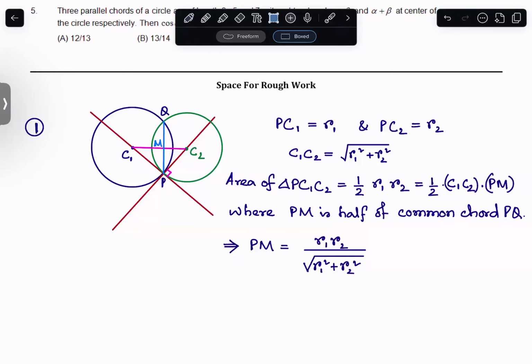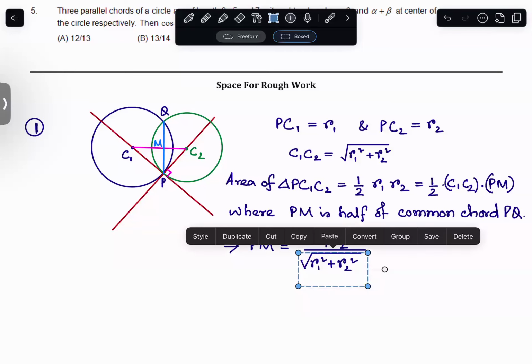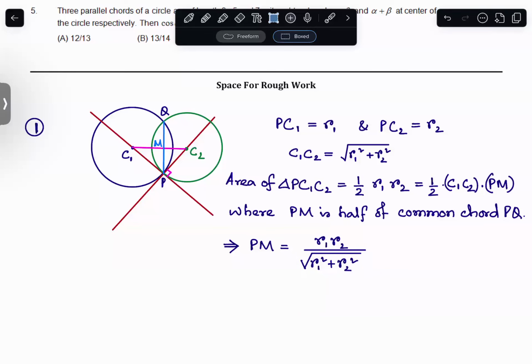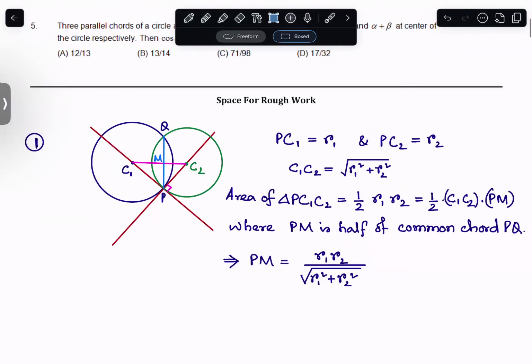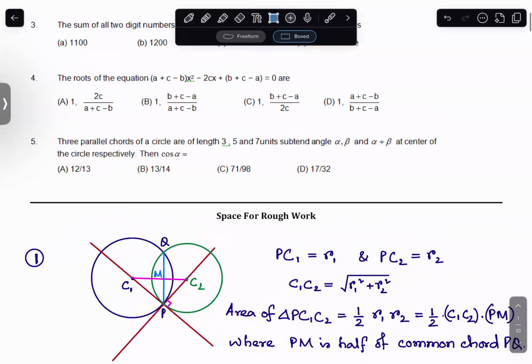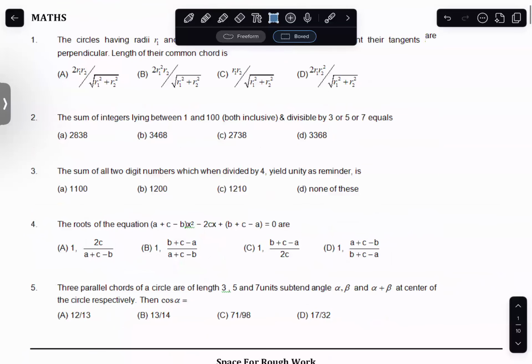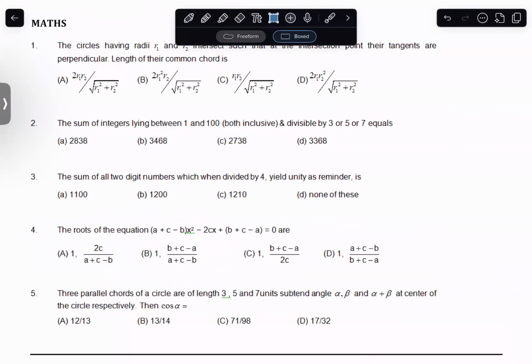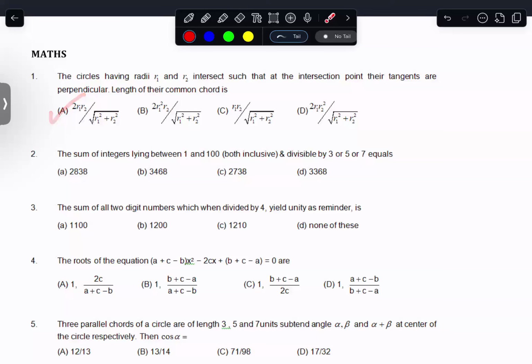So can you now complete the length of common chord? PM being half of the common chord is of length R1, R2 by root over R1 square plus R2 square. So your actual answer should be, which option will be right? Sir, first. Very good. Is it okay?